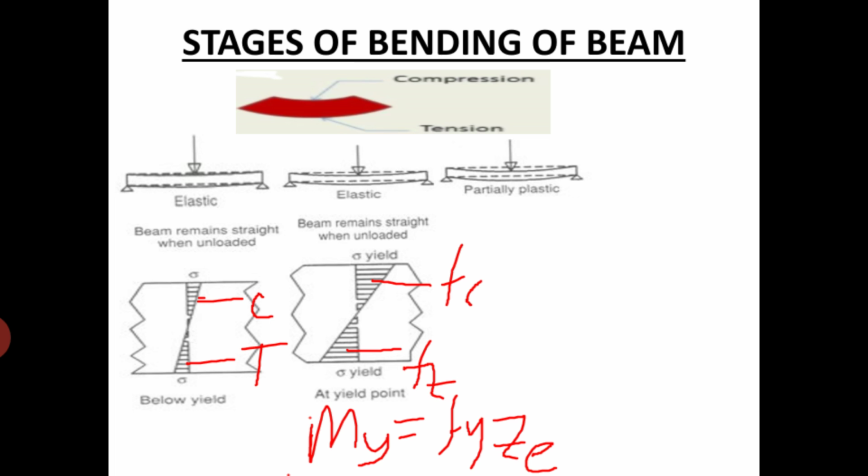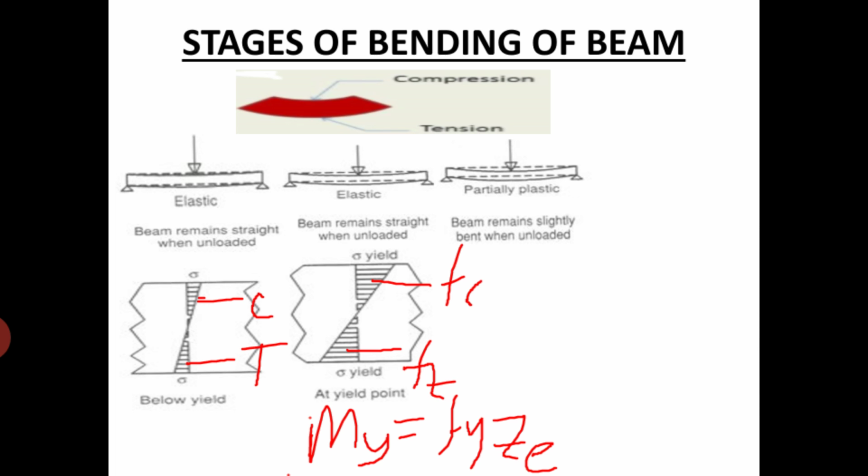and what happens here, the yield gets penetrated into the inner fibers. The beam remains slightly bent when unloaded, meaning we have crossed the yield point and we keep on loading.